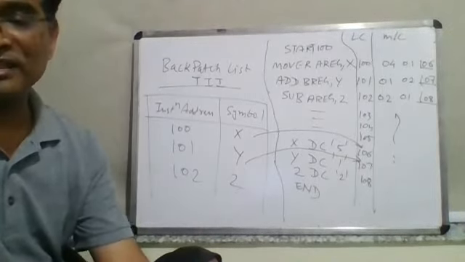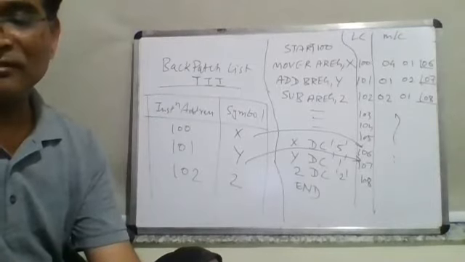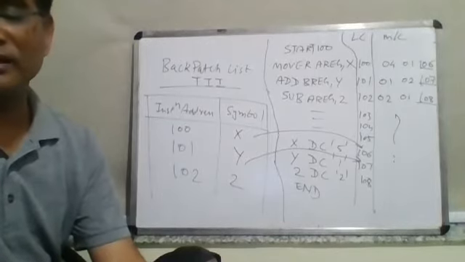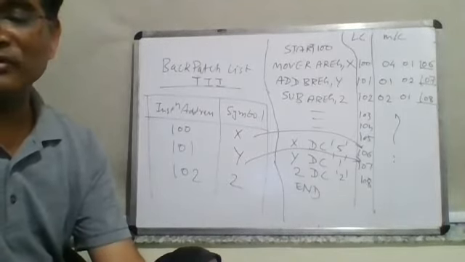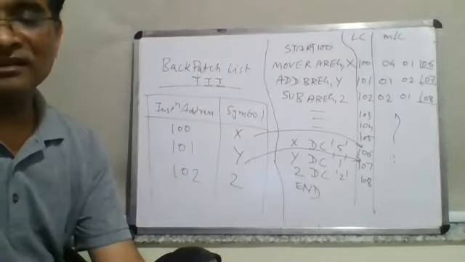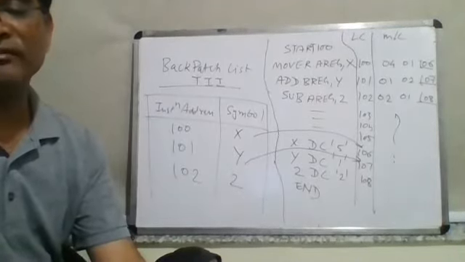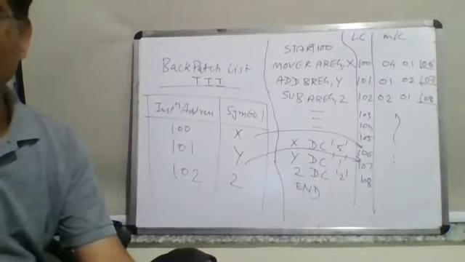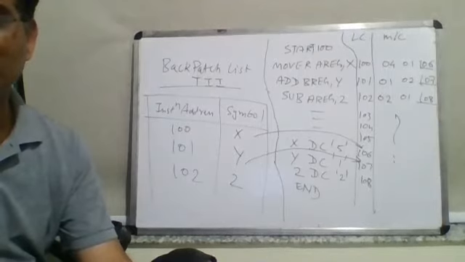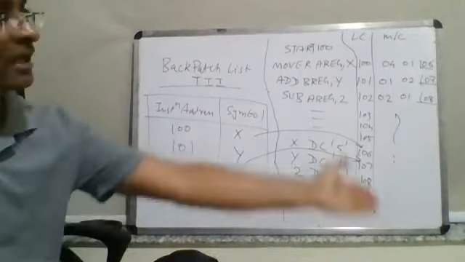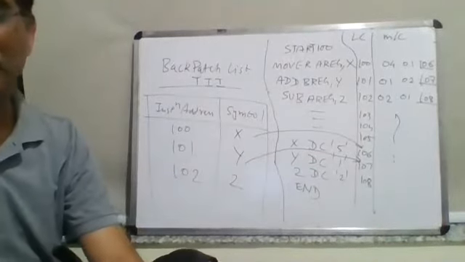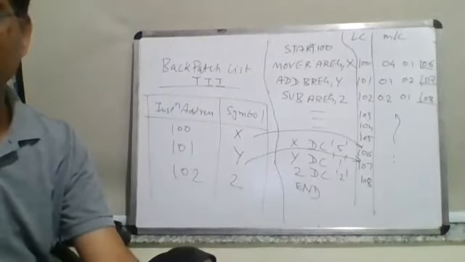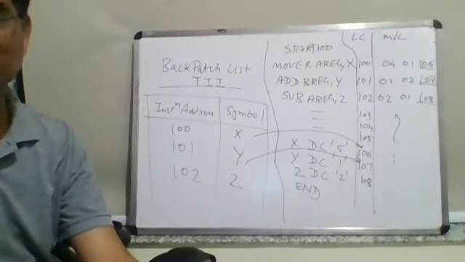Whereas in the case of single pass translation, there will be usage of the backpatching concept, which is very heavily used, right? So LC processing, as we have seen, and construction of symbol table proceed as in the two-pass translation. But the problem of forward references is tackled using a process called backpatching, right? The operand field of an instruction containing a forward reference is left blank initially, and that is what I told you, that 106, 107, 108 will be left blank initially, and the address of the forward reference symbol is put into this field when its definition is encountered, right?